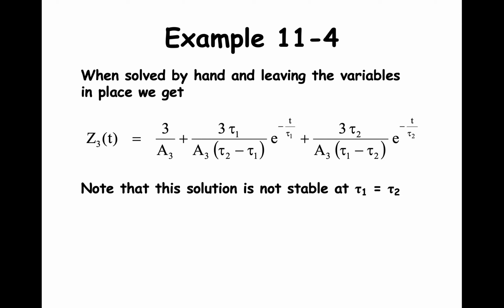If we find the inverse by hand and leave the variables in the expression, we get this time domain expression in terms of A's and taus. In this form, we can see that the solution is not stable when tau 1 equals tau 2. In our case, tau 1 equals 2 seconds and tau 2 equals 4 seconds.